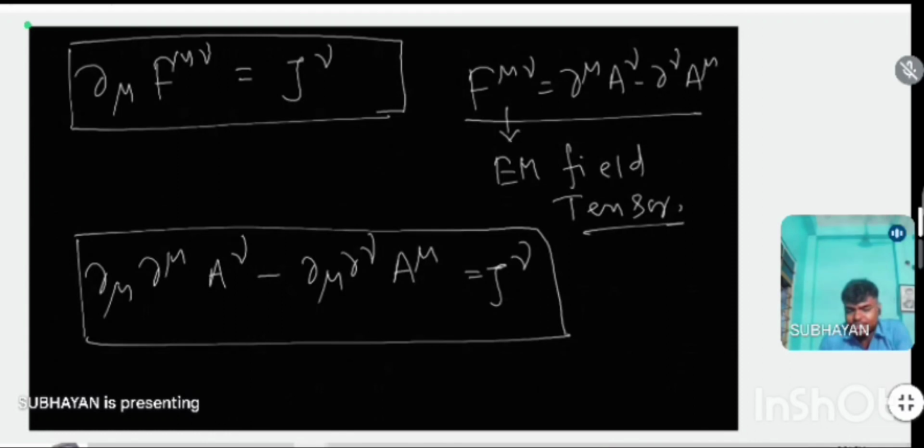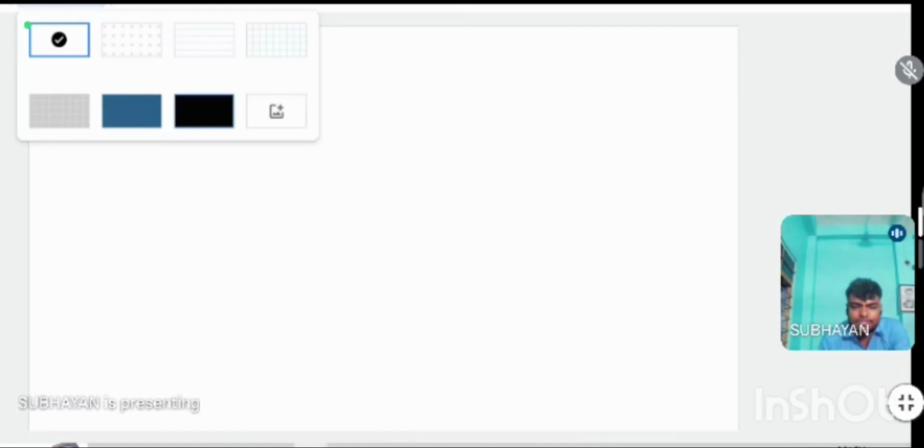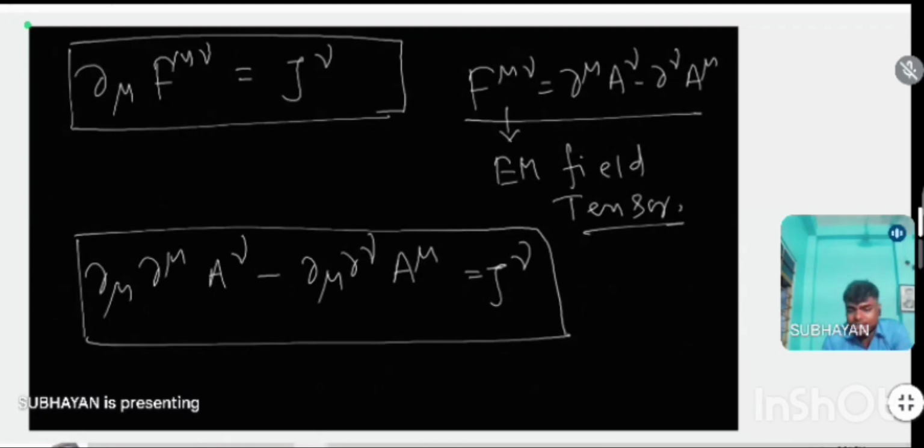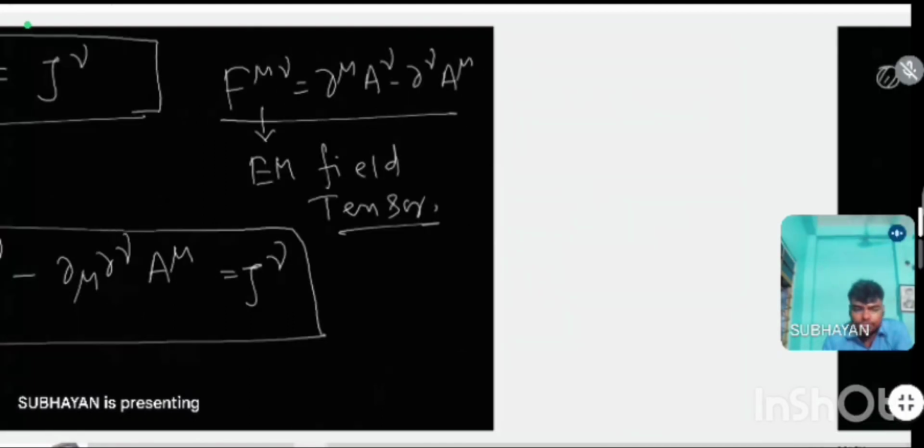Now try to solve these Maxwell equations in contravariant way. So here, this is a partial differential equation, right? This is a PDE. And in order to solve a PDE, at first you have to express each and every term of this equation in terms of the Fourier transform. Okay.